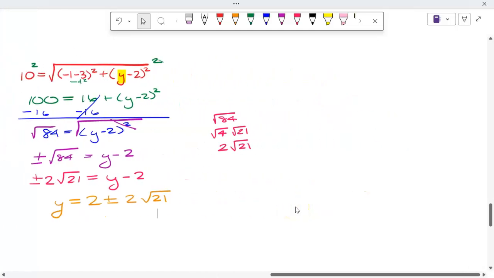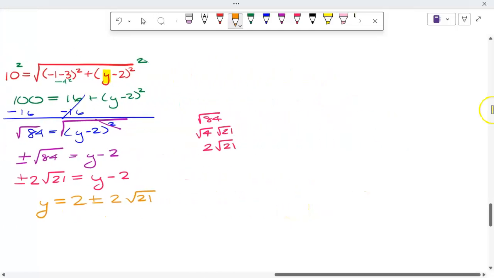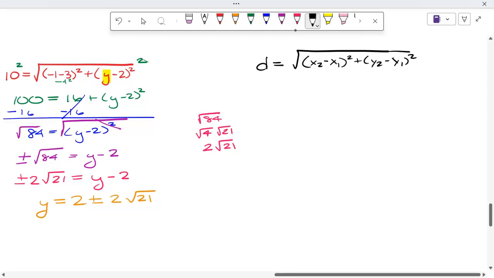Alternatively, I could take this entire equation, my distance formula, and I could also go ahead and solve that for my y1. So I have x2 minus x1 squared plus y2 minus y1 squared. I could go ahead and do this. It would be a little bit rough, but I could. So I could go ahead and square both sides.